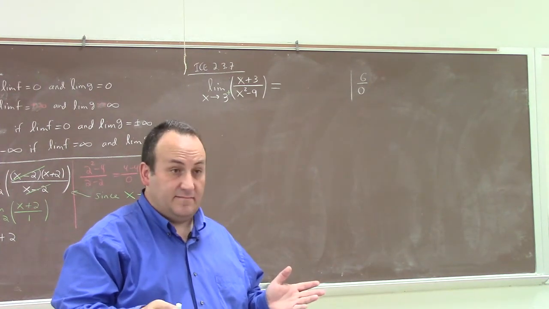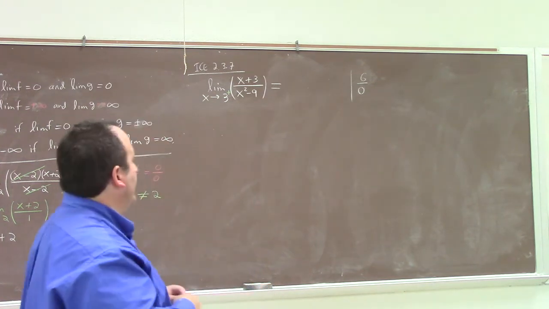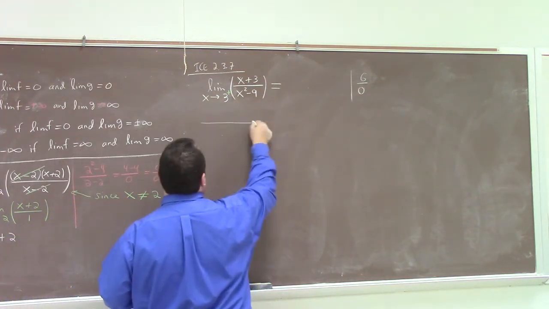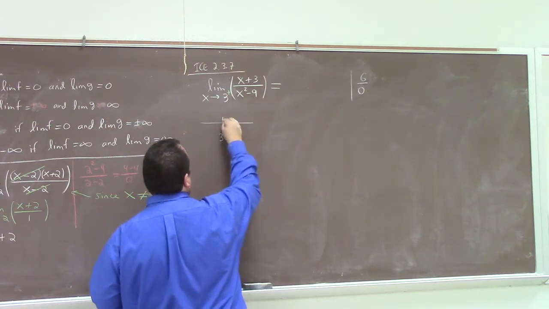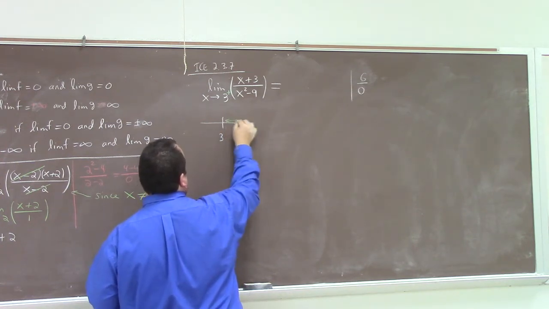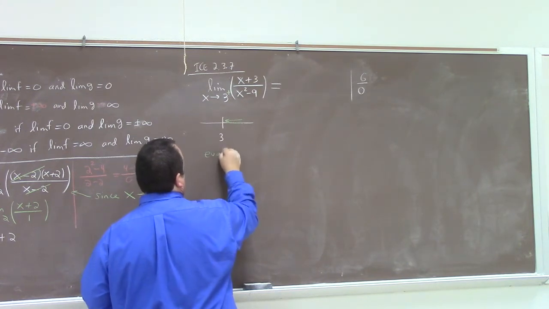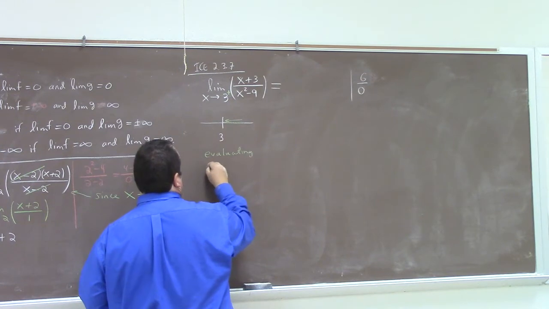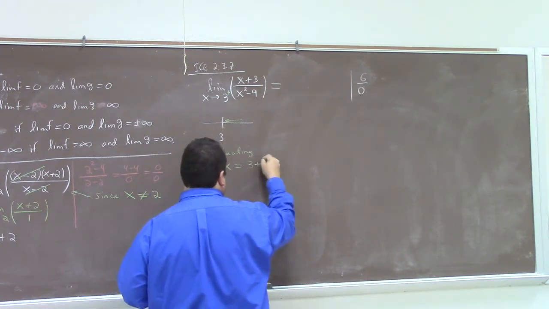When you put the plus over the 3, what's the difference? So what this means is, as you think about the number line, the limit point is 3. So we're looking at values like over here. We're approaching from that side. So we're basically thinking about evaluating the expression at x equals, say, 3 plus a little delta.